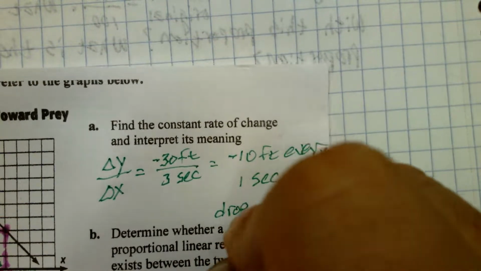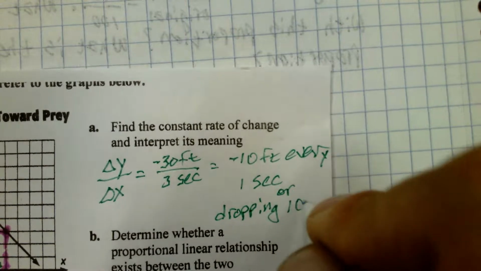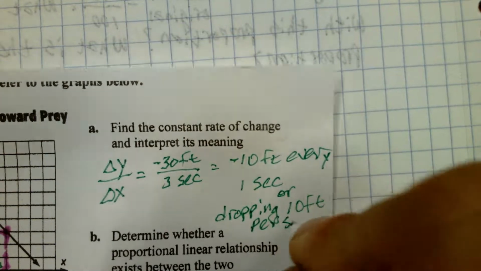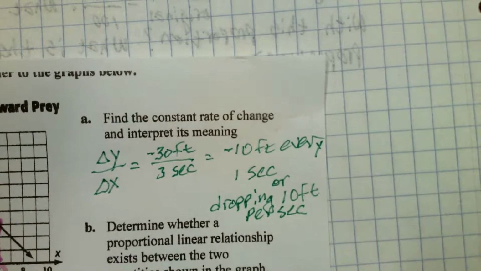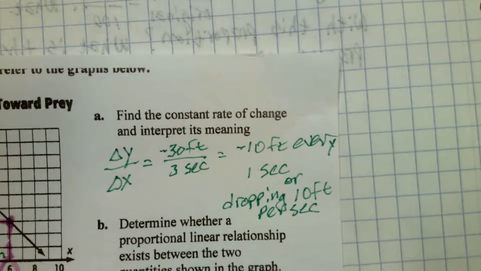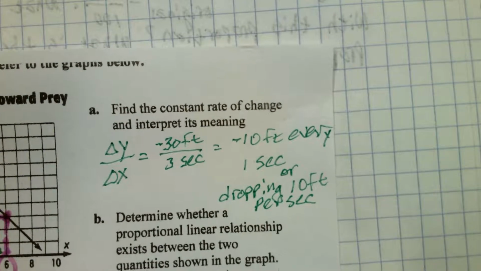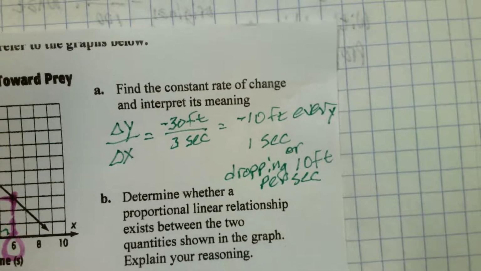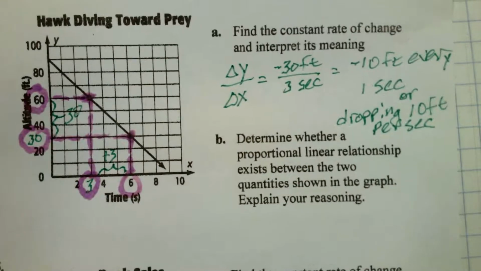Write that one down too. Dropping 10 feet per second. So we just found the constant rate of change. Dropping 10 feet every second.